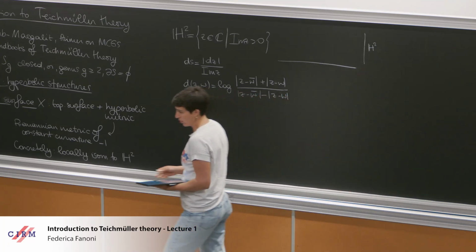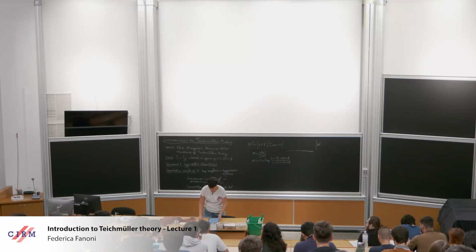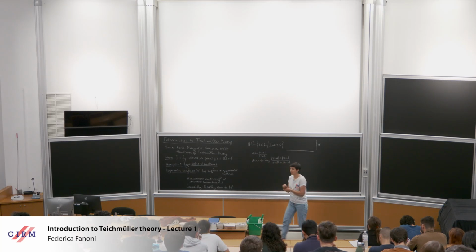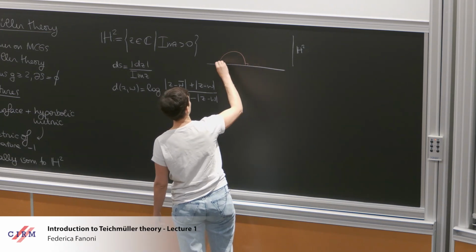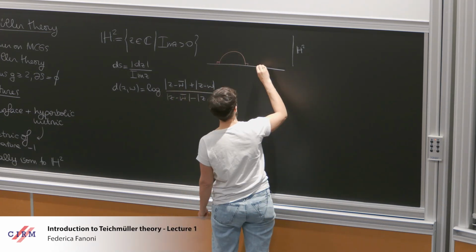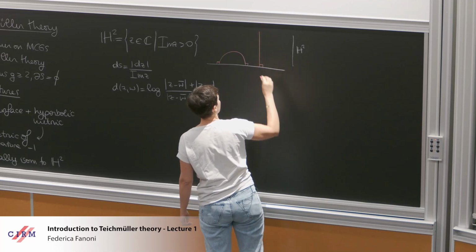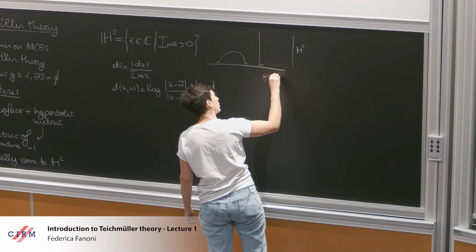Just to give you an idea, I imagine plenty of you know this stuff. If not, it's probably a very short introduction. We won't need that much about this. The geodesics in this plane are either half circles that are orthogonal to the boundary or vertical lines. These are the geodesics.